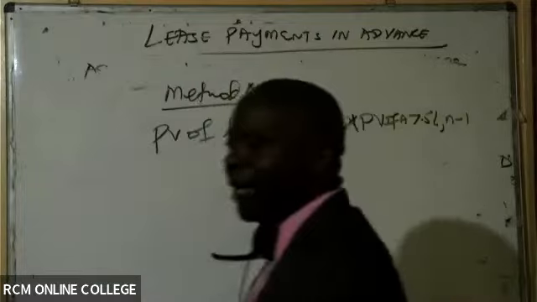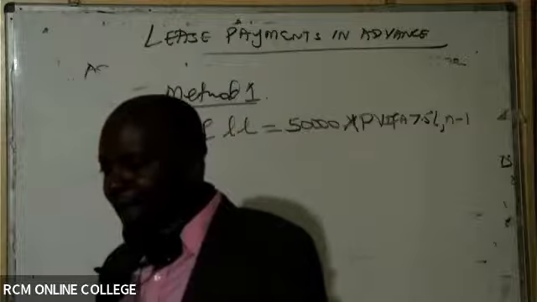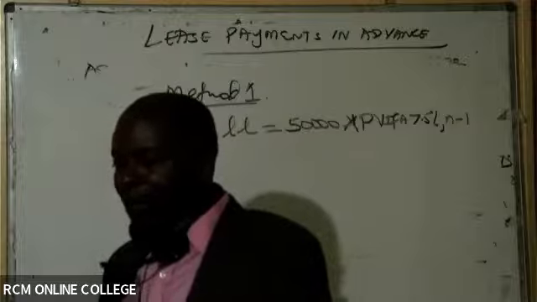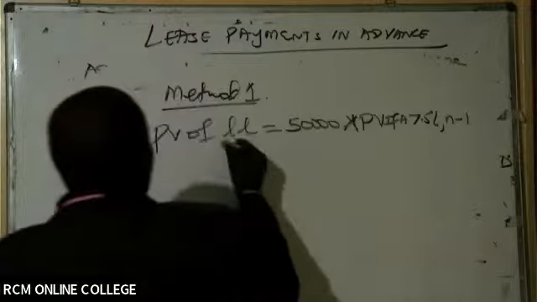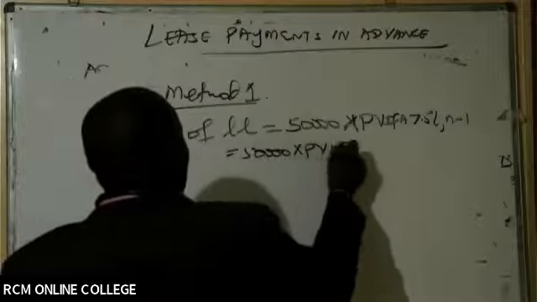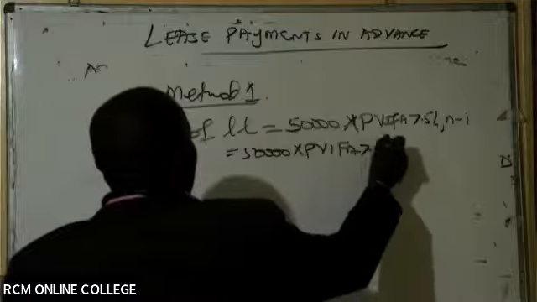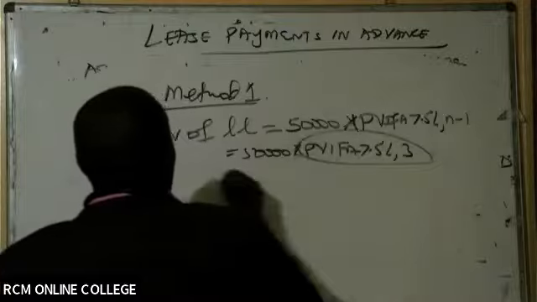Remember, N is 4 years, so we have 4 minus 1. This will be the same as 50,000 direct method times PV for 7.5%, 3 years.